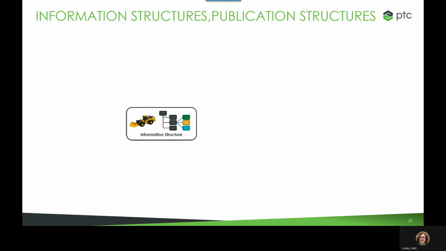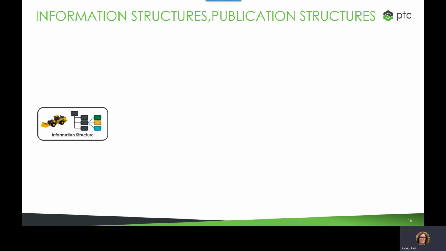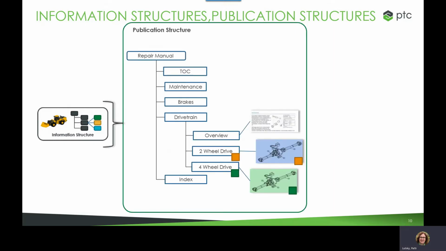Now, you can use that information structure to create a publication structure. A publication structure is specific to an output that you want to get. In this case, it's a repair manual. And you would use certain parts from the information structure in your publication structure.